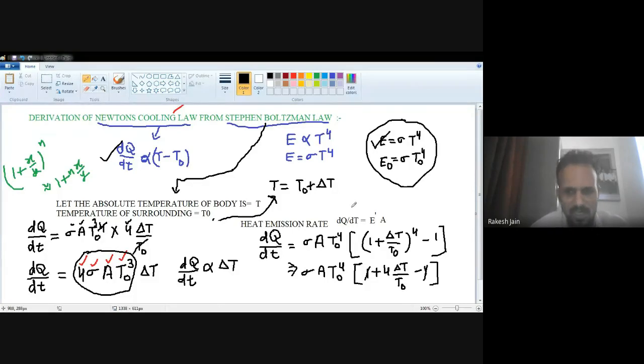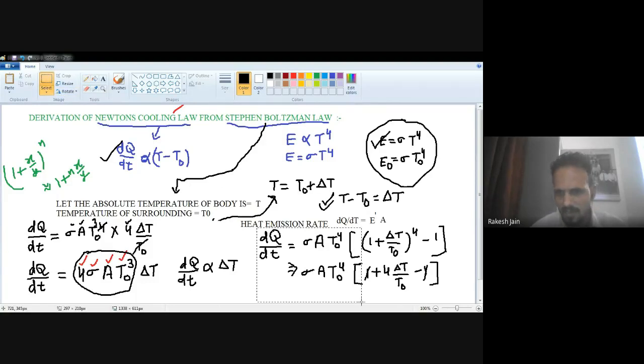And from the first equation we notice that the difference of the body temperature and the surrounding temperature is equal to del T. Just see carefully what the first equation was. So in the place of this del T, I can write this.